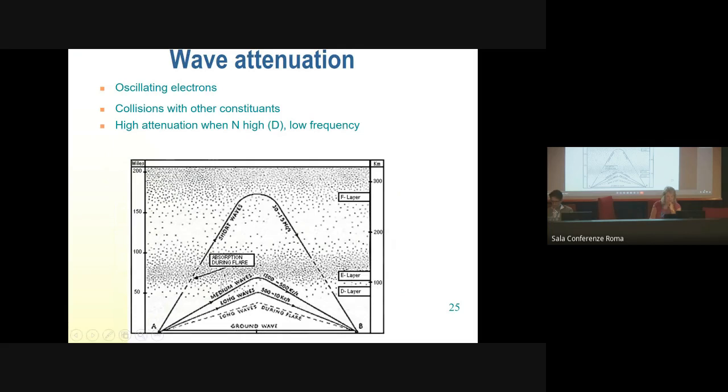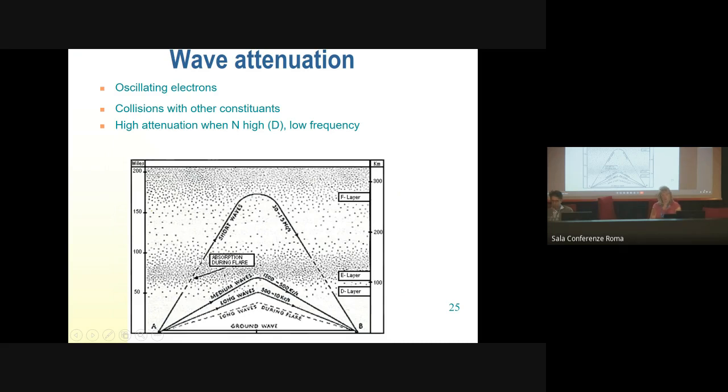What is important to note is that during the day there is a high absorption, especially in the D layer, because this is the region where the density is very high, and thus you have a high wave attenuation, because the oscillating electrons, those that oscillate with the same frequency as the radio frequency, have a lot of collisions with the other constituents of the atmosphere, and thus you have a high absorption.